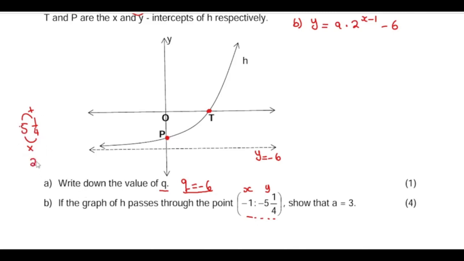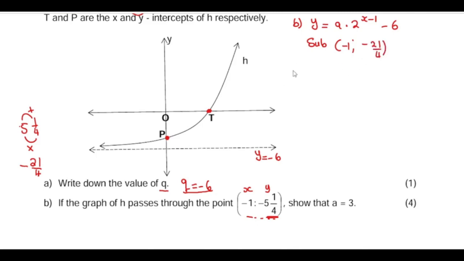So this can be written as 21 over 4. But remember, it is negative because this point, the y coordinate is negative. So let's quickly substitute. So we're going to sub in the coordinates minus 1, and remember that we just converted this into negative 21 over 4.